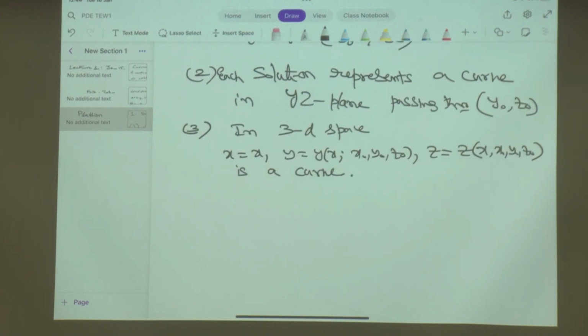Now this curve is actually, so this I will not explain, you think for yourself, the intersection of two cylinders.